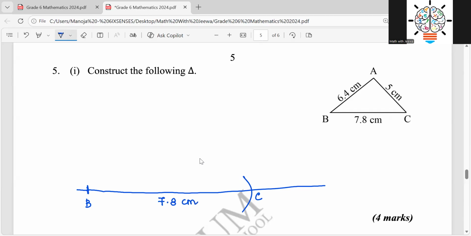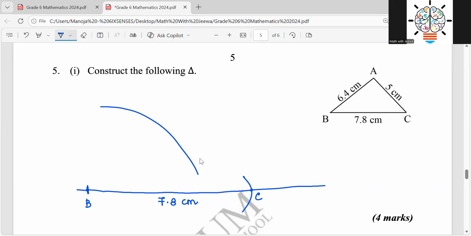That is done. Then you adjust your compass and open it to 6.4 and measure it. You keep the point here and you just draw the arc like this. And then you come to this corner. Why? Because you want to mark 5 centimeters.